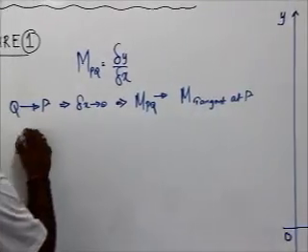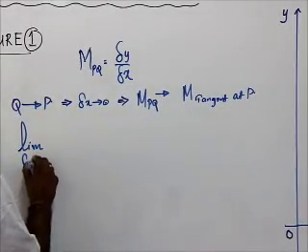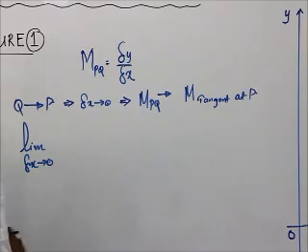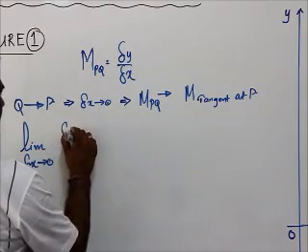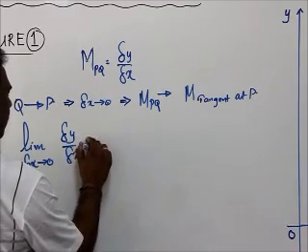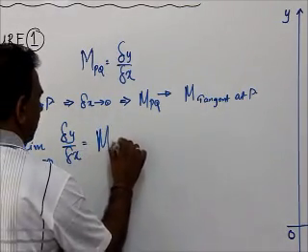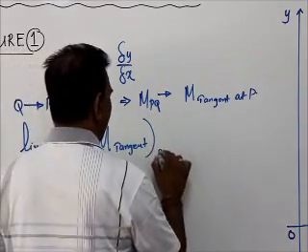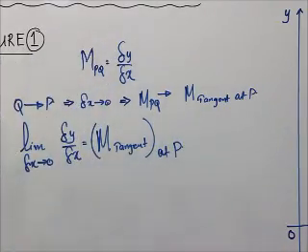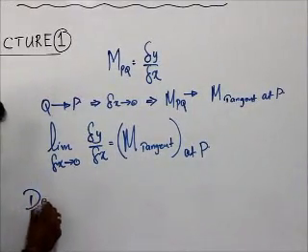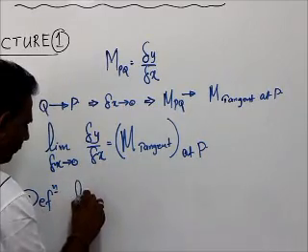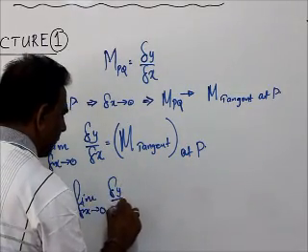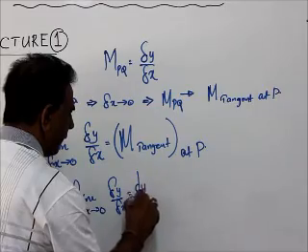So we can write the limit as delta x tends to 0, which means Q has reached P, of delta y over delta x, is equal to the gradient of the tangent at P. But by definition, the limit as delta x tends to 0 of delta y over delta x is equal to dy by dx.